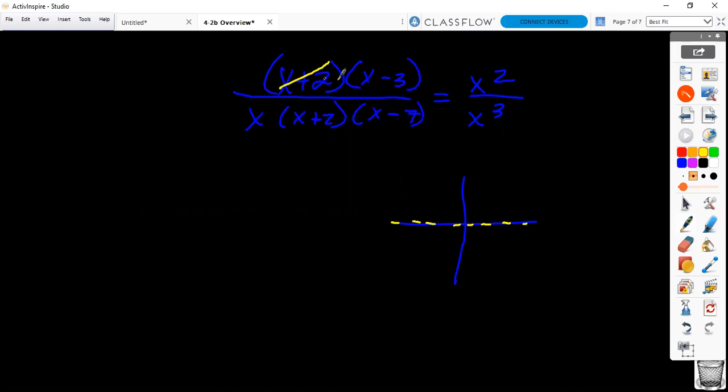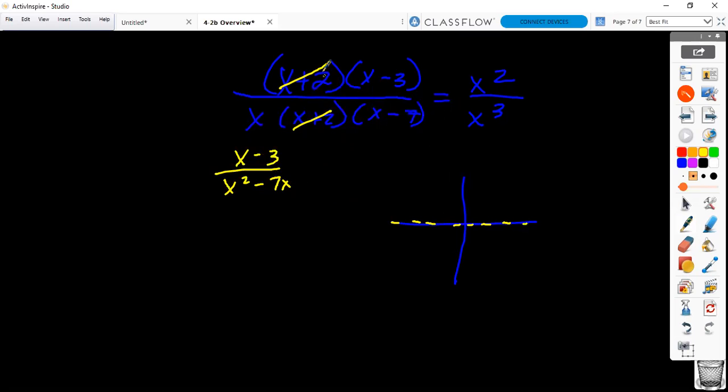But notice, these two factors canceled out. The rest of our graph now is determined really from the x minus 3 over the denominator, which would really be x squared minus 7x. Or if you want to leave it in factored form, it's right there, x and x minus 7.